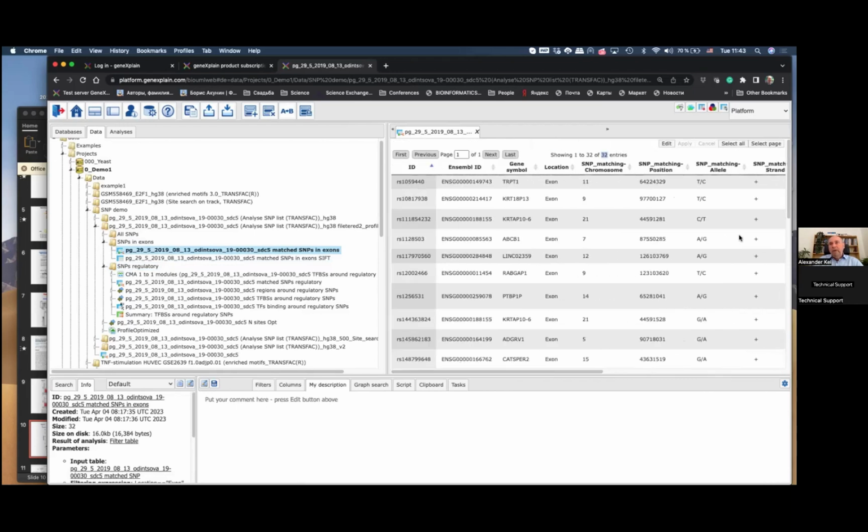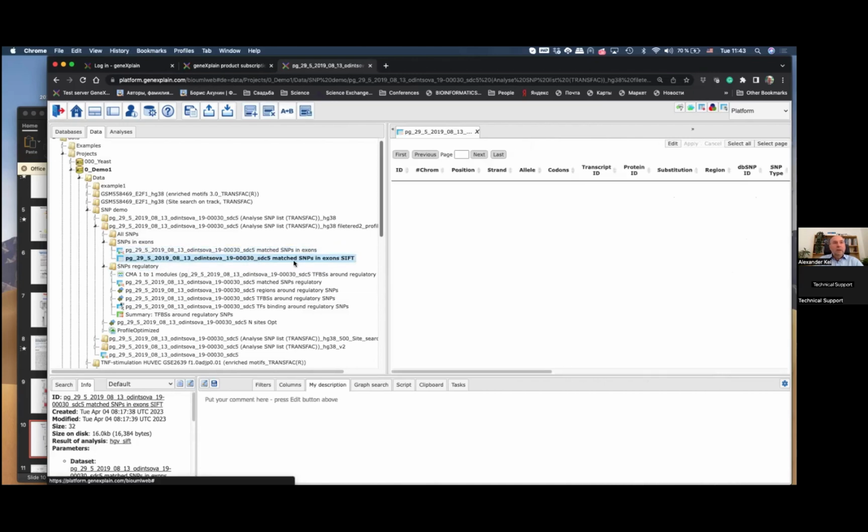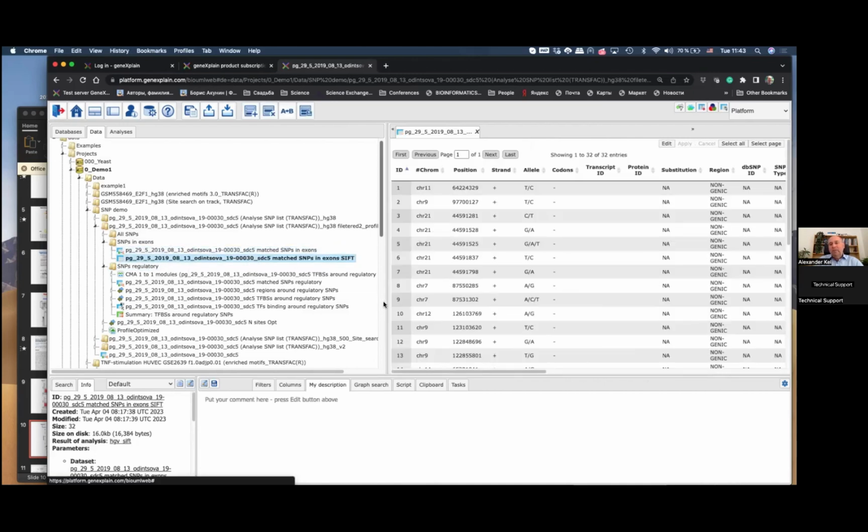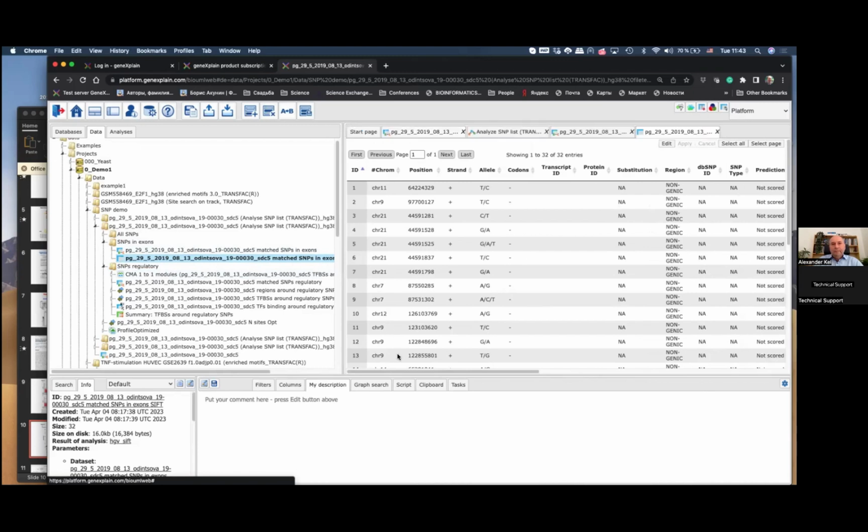Well, do they do anything bad or good to the proteins which are encoded by those genes? For that, we can see the result of the SIFT analysis. SIFT is a pretty good software which is integrated in our pipeline. You can also find it as a separate tool, which checks each SNP if it's located in a coding region of a gene, whether it's changing a certain amino acid, and whether it's very important for the protein structure or not.